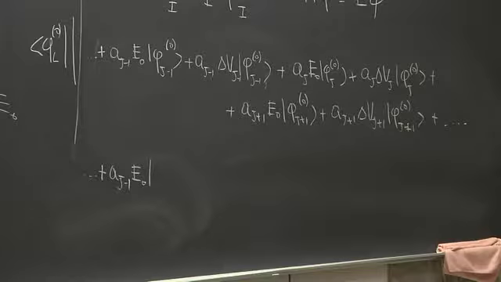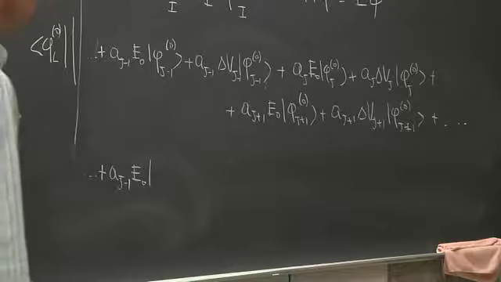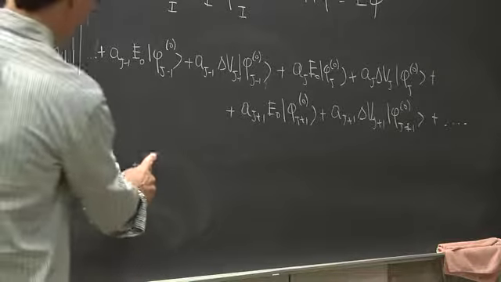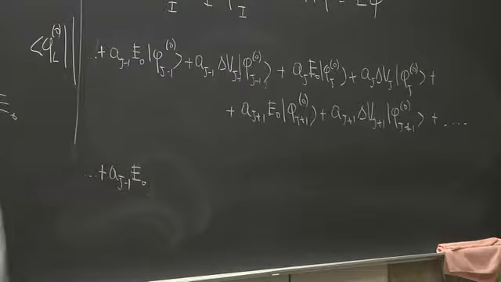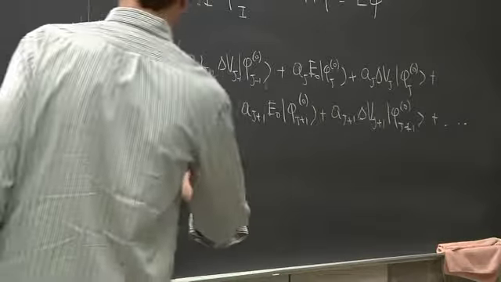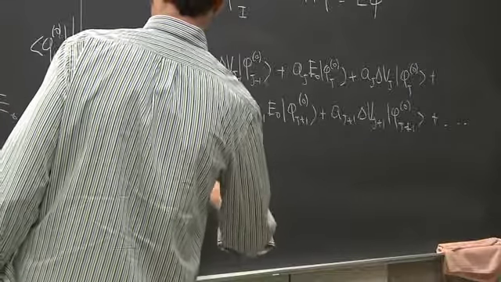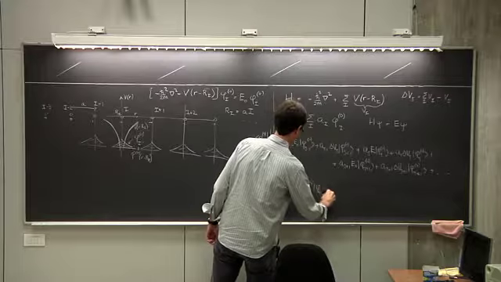Good. Now let me proceed with this one. So here I have phi L0, phi j minus 1.